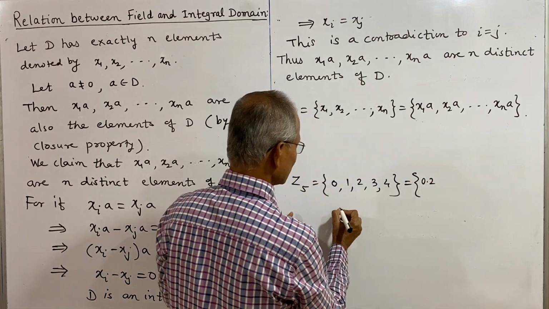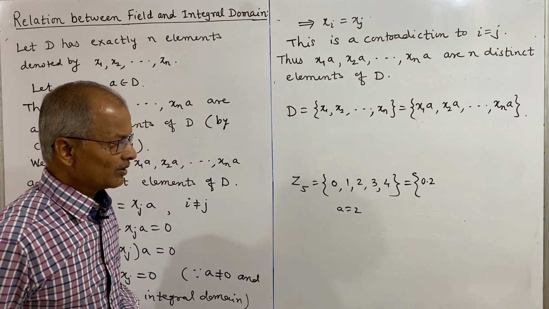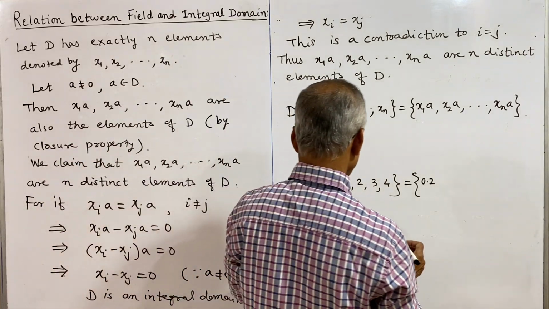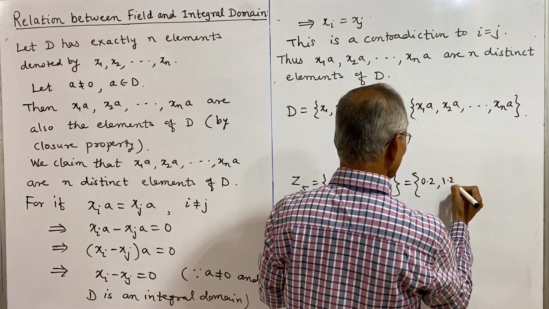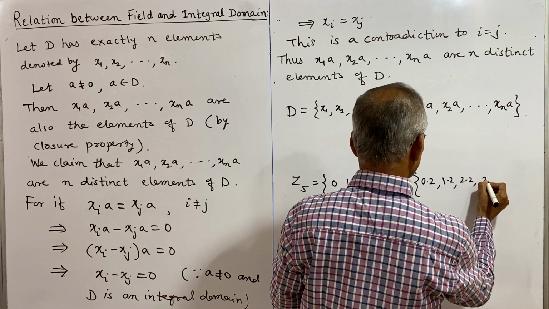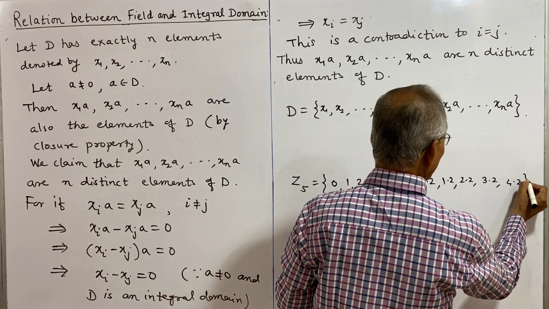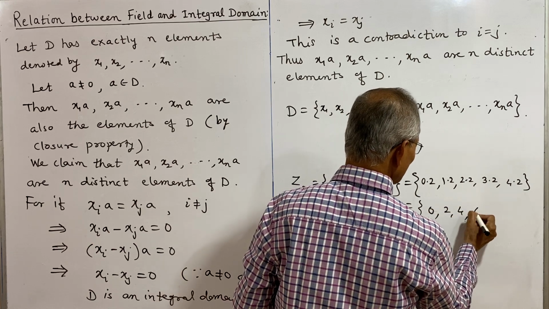A is considered as 2, and then we multiply the elements by 2: 0 into 2, that is actually 0, 1 into 2, and then 2 into 2, 3 into 2, 4 into 2.